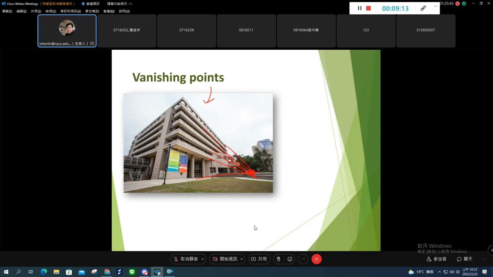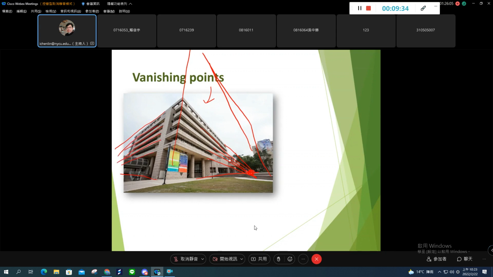Even in the top direction we can also do that, but the intersection point is perhaps far from the center of the painting, and we can do that on the right hand side. Yeah, as long as they are parallel lines.